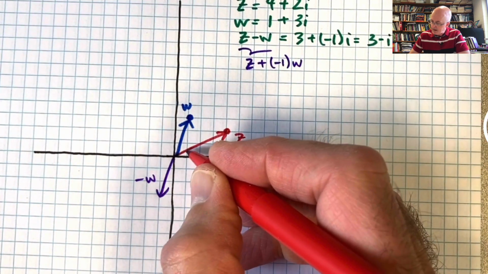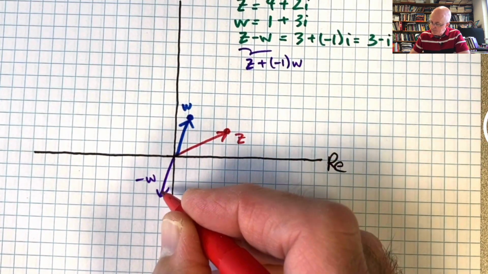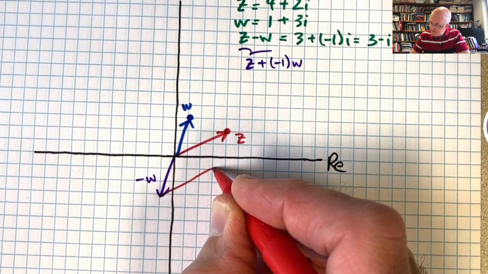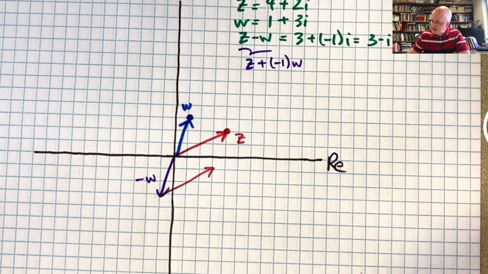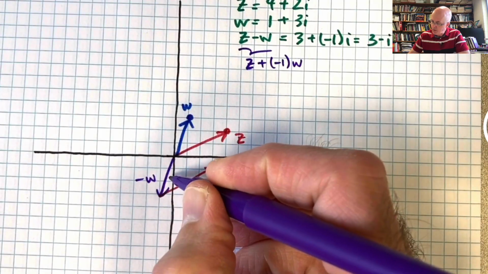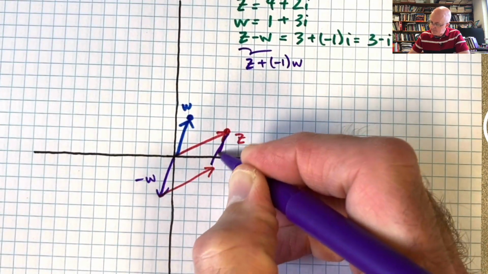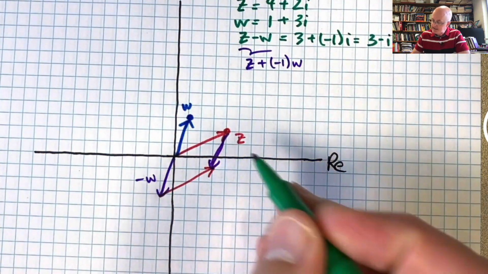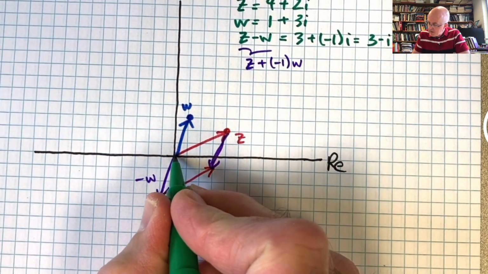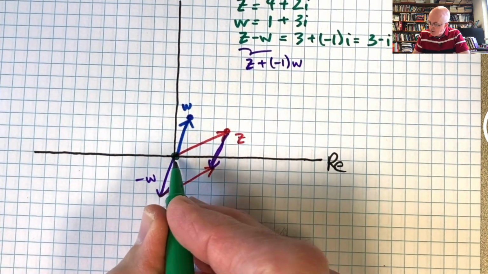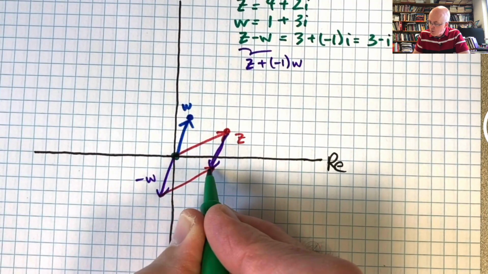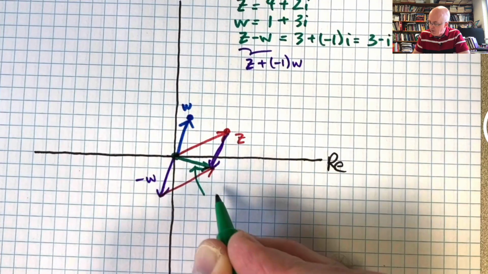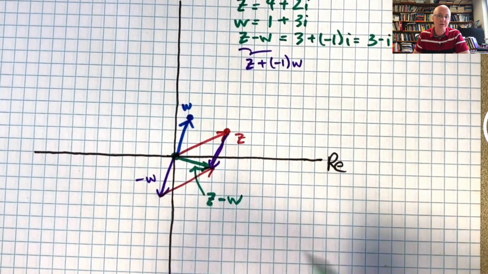I can translate z down here and plot it, being careful to do it right, like that, and translate -w over here and plot it like this. By the parallelogram law for vector addition, the sum z plus -w as a position vector starting at the origin will go from the origin to where these vectors meet. Right there, that green arrow can be thought of as z minus w.